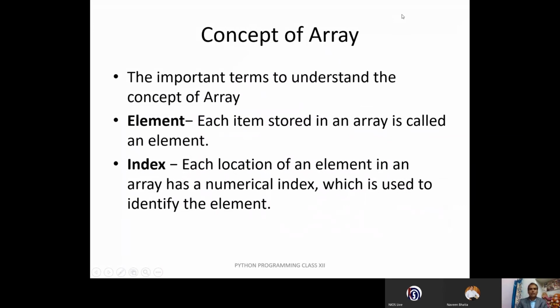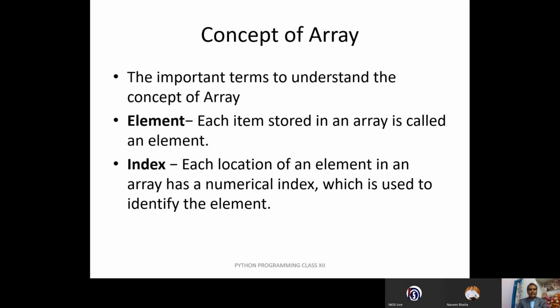Now let us learn the concept of array. The important terms which you have to understand for the concept of array are two things: one is called the element, another is called the index.